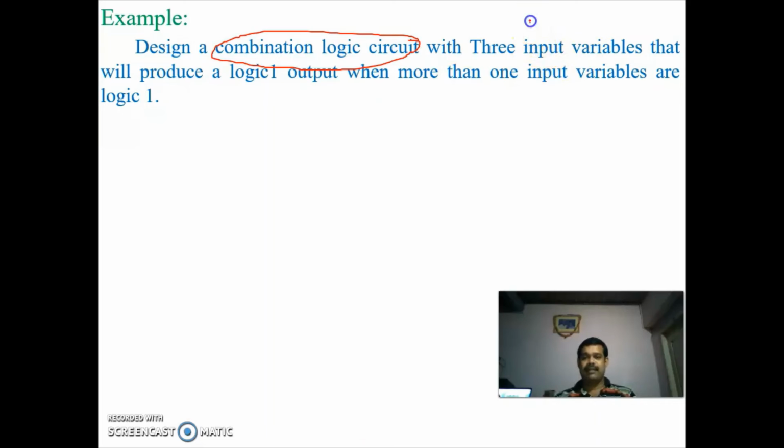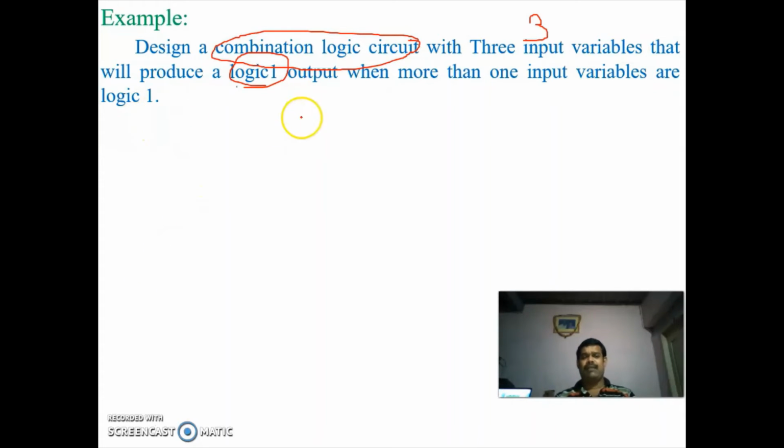It has three input variables that will produce a logic 1 output when more than one input variable is 1. So we have to design a combinational circuit which has three input variables, and the output of that circuit will be 1 if more than one input variable is 1.